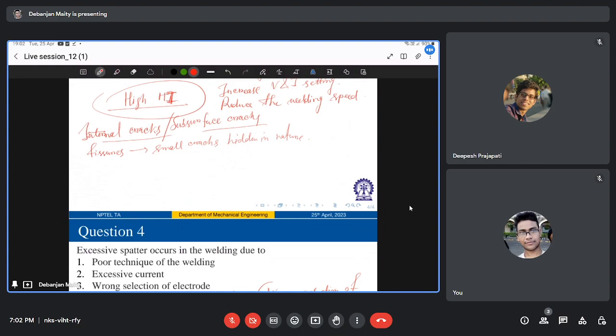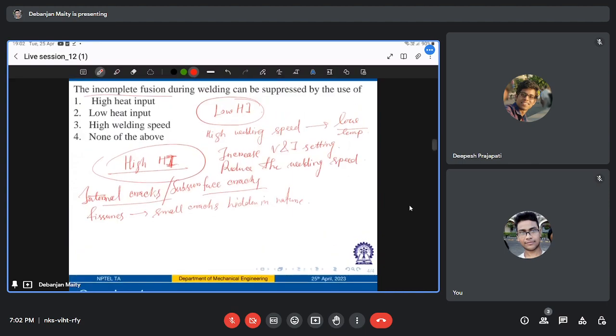Among the subsurface defects, you have lack of fusion also. This is one of the subsurface defects. Basically, you will have this lack of fusion taking place in the region, and that is also called incomplete fusion.